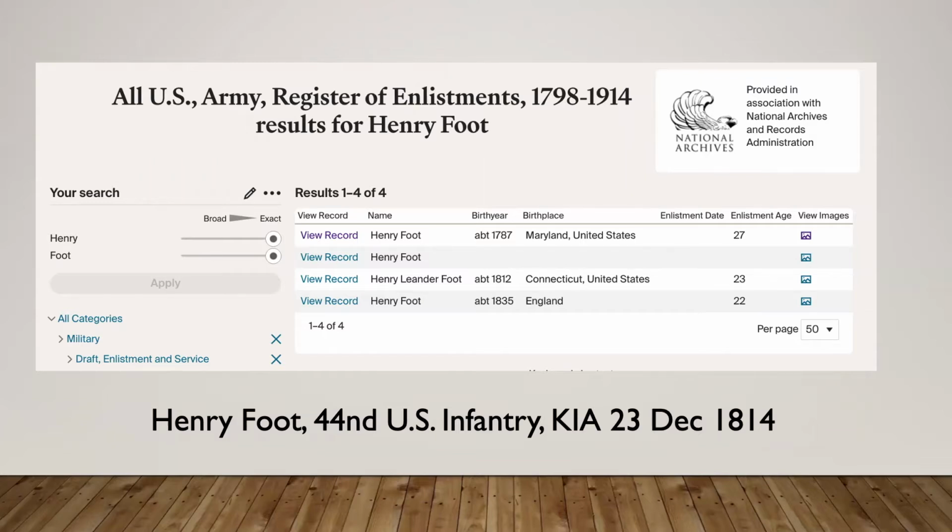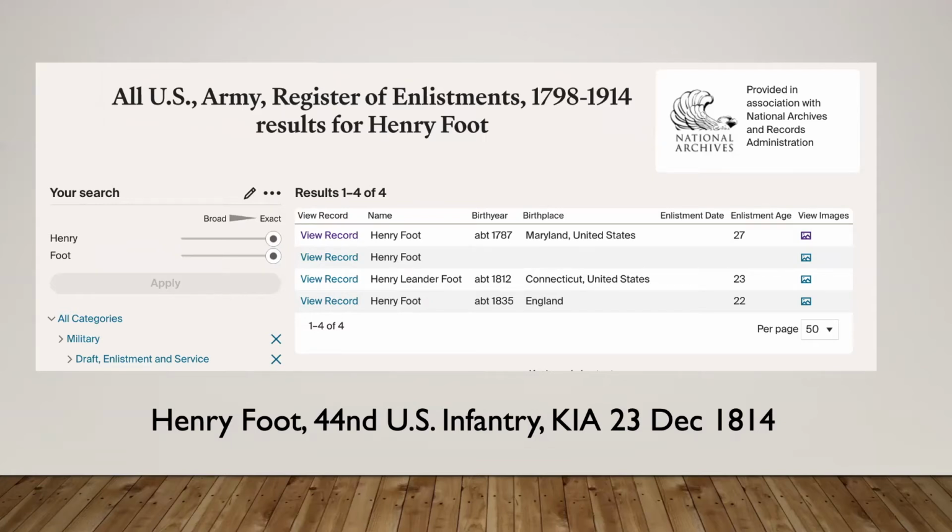So when we look at the Henry Footes that are there, we see some of them, but notice that two of them are born after 1812. And one we don't know, and one we do, 1787. Well, 1787 is consistent with a date of birth for somebody who was in the War of 1812.